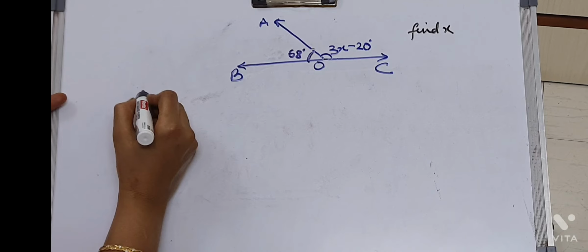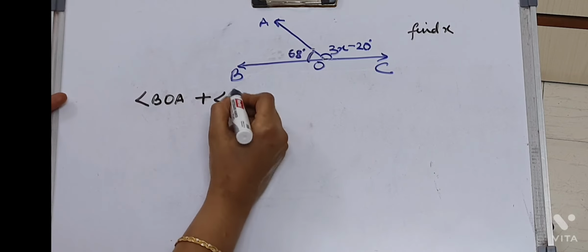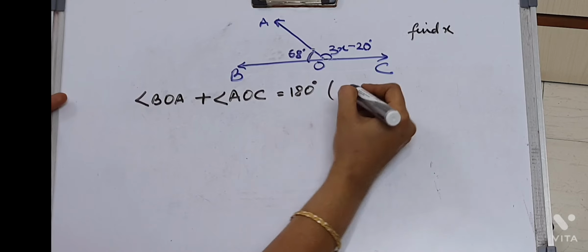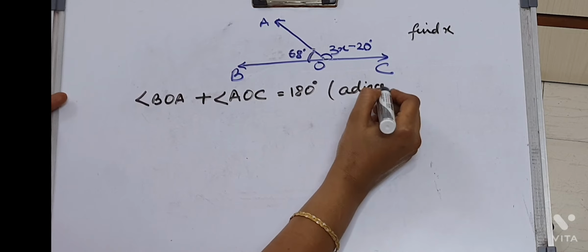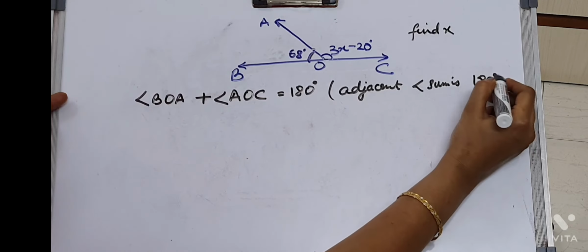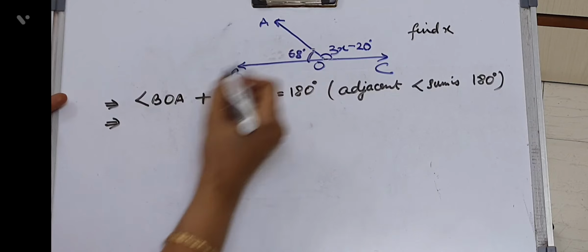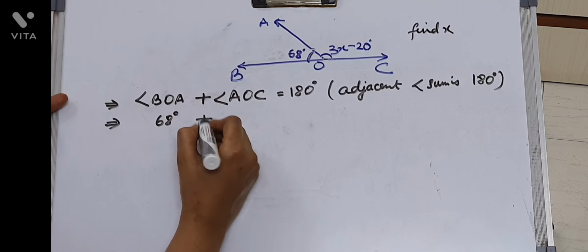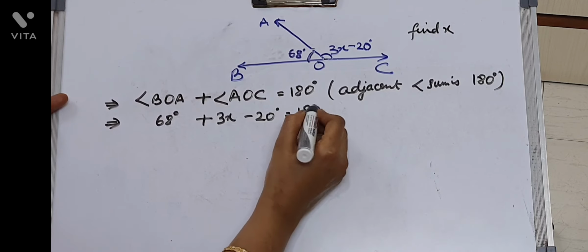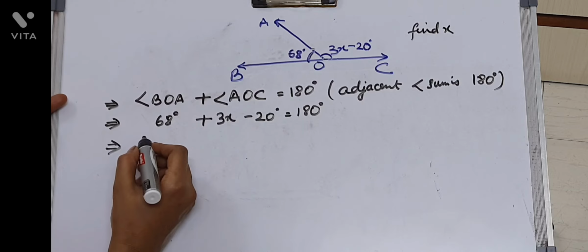So what we are going to write here is angle BOA plus angle AOC is equal to 180 degrees, since the adjacent angle sum is 180 degrees. Now we have to put the values as given in the question, that is 68 degrees plus 3x minus 20 is equal to 180 degrees. Next comes the calculation part.